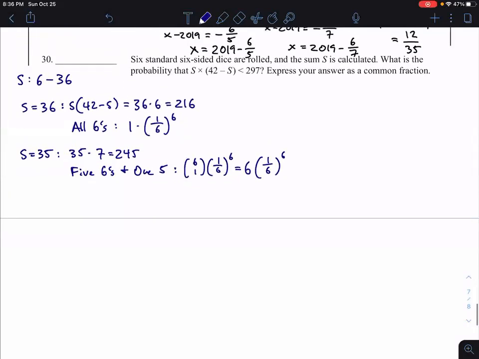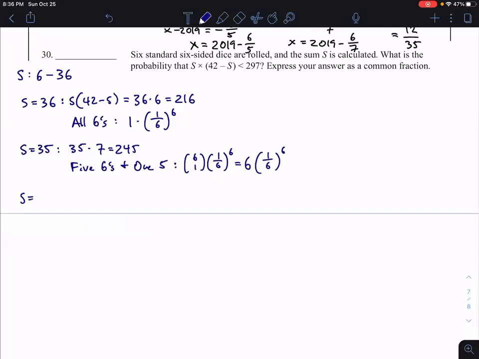Case 3 is when your sum is 34. We're going to check if that works real quick. And it is less than 297, so it works. There are 2 ways of getting a sum of 34. One way is having 5 6s and 1 4.